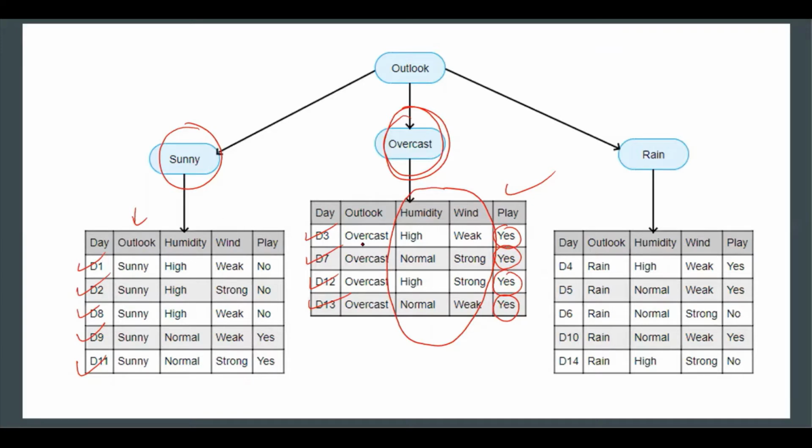If you combine everything, D1 comes from here, then D2 from here, D3 from here, D4 from here, then D5, D6, again D7, that way D8, D9, D10. So what we have done is, when we came down one level, we were able to divide the whole data set into 3 parts.